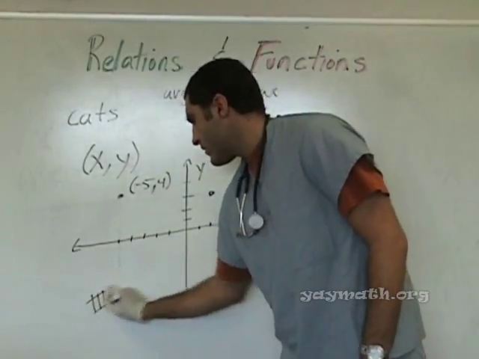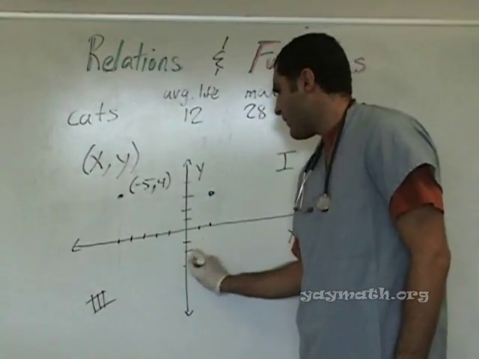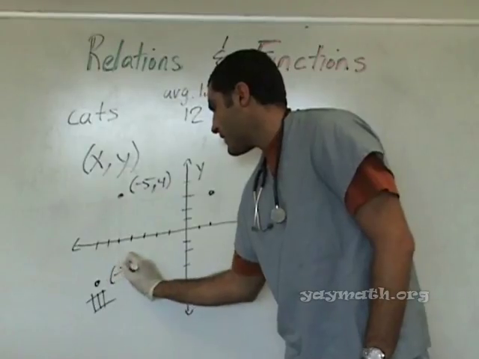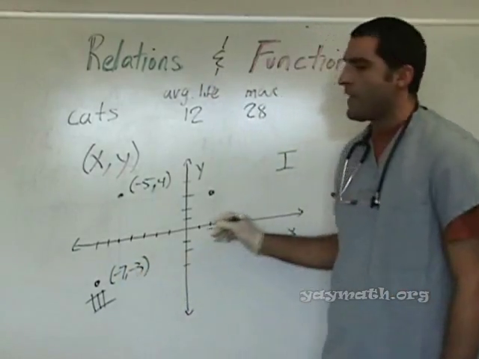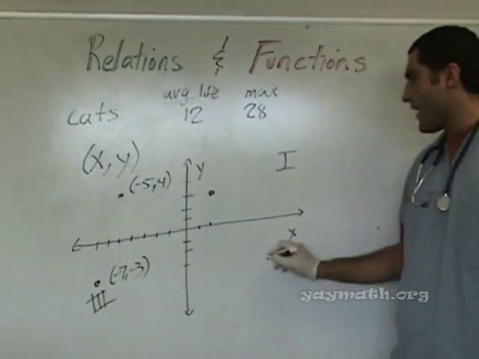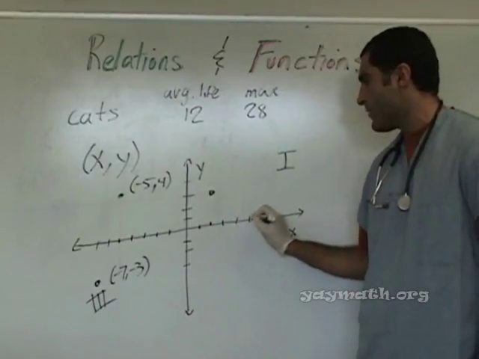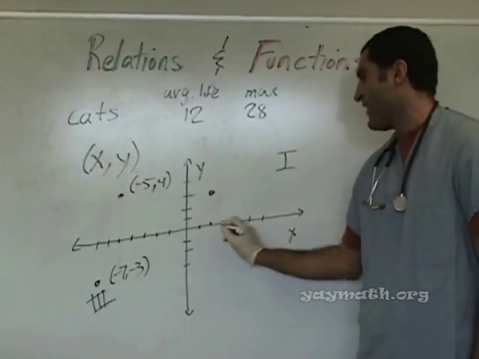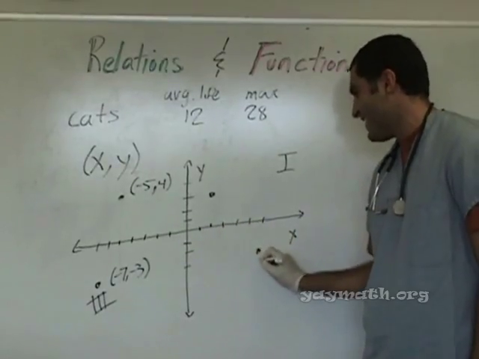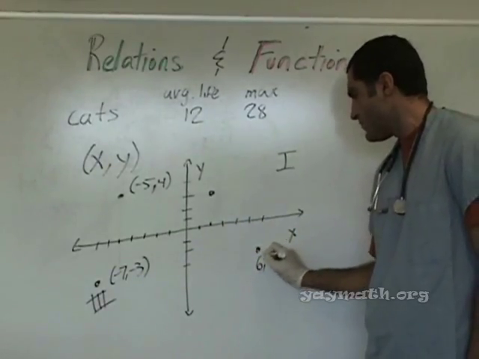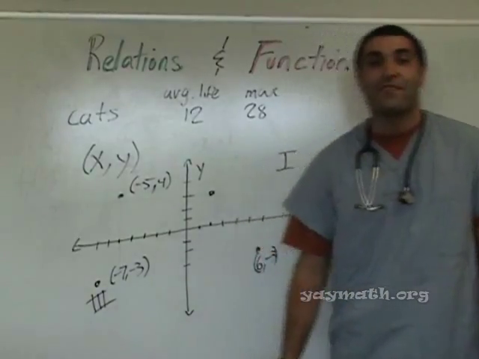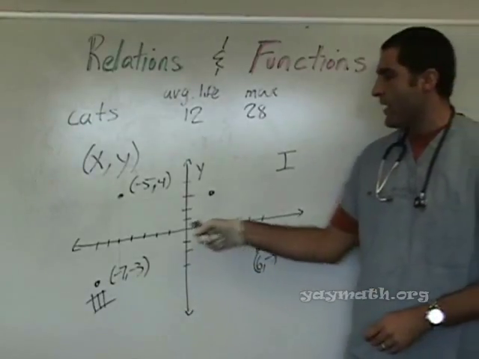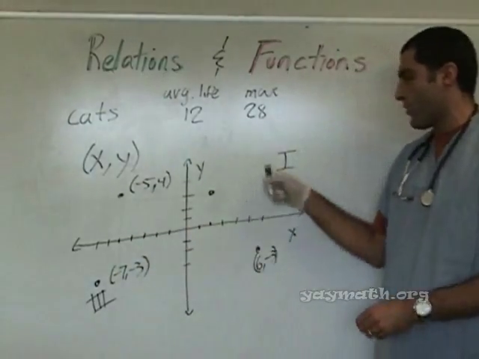Negative 7, negative 3. That's right, meaning we went left 7 and then down 3. And finally, last quadrant over here: 6, negative 3. Okay, so that's a reacquainting with the graph, again going left to right, and then going up or down.